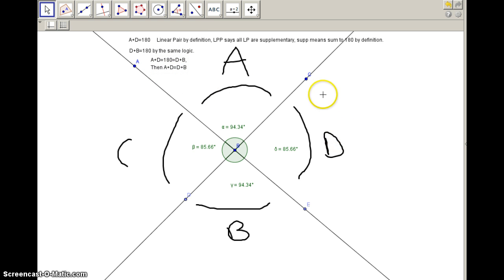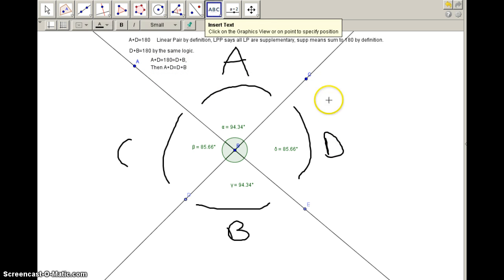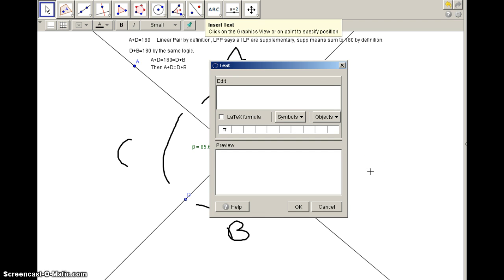Okay, let's do a little more in here. Now what can we do next? Well, we can say that if I have A plus D and I take away D, that must be equal to D plus B take away D, right? And that really is by the subtraction property of equality.